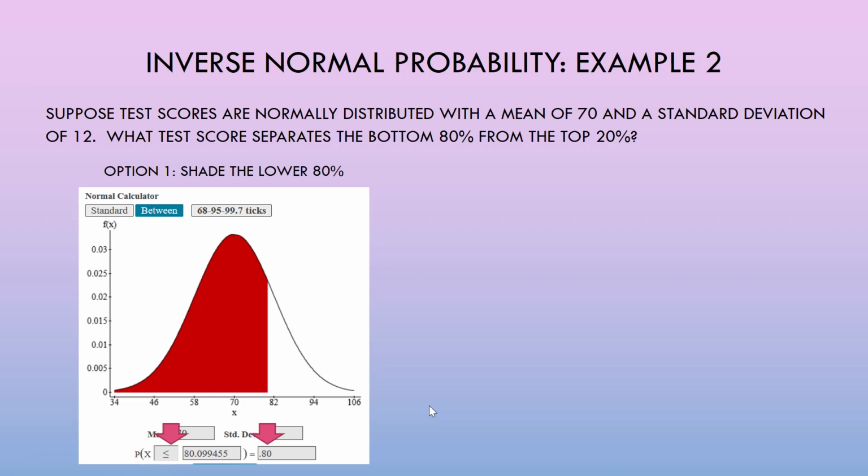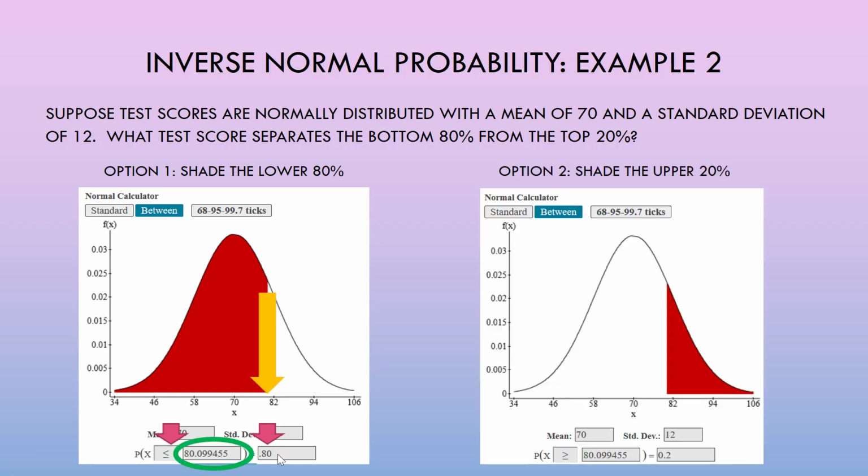Again, we could type in less than or equal to 0.8, and we get this answer here, about 80. Or the other option is we can shade the upper 20%, putting in greater than or equal to 0.2, and either way, we still get the same value for our random variable.